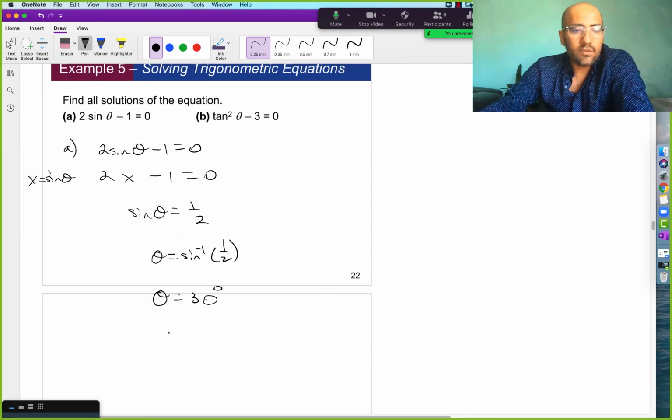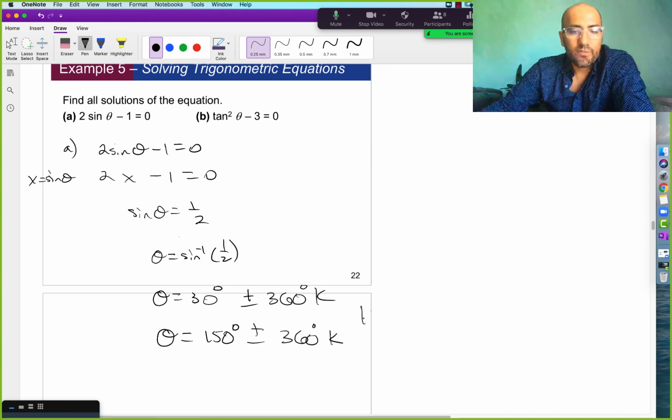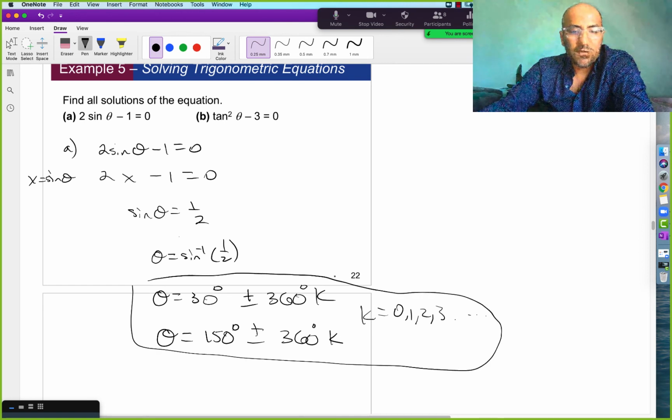And we saw earlier that that must mean that also theta equals 150 degrees. The sign is positive in quadrant 1 and quadrant 2. And then we can get to all the other answers by adding or subtracting multiples of 360 degrees k, plus or minus, where k, again, is equal to 0, 1, 2, 3, and so on. Any questions about this one?